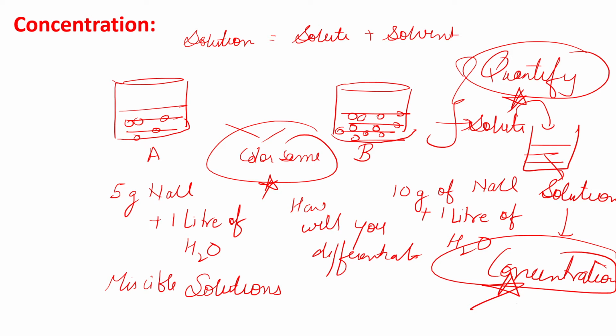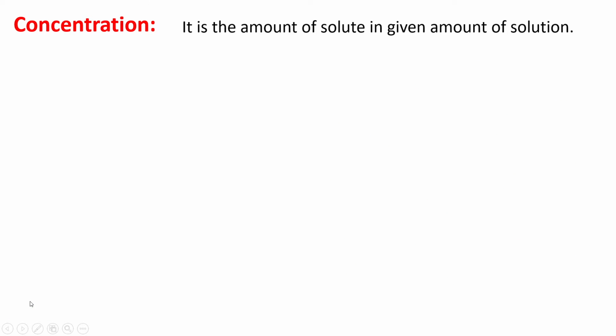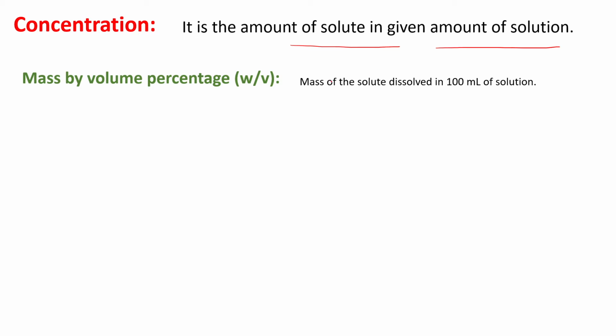It defines the composition of a solution. So concentration is the amount of solute in a given amount of solution, as I said. There are different terms to define concentration.